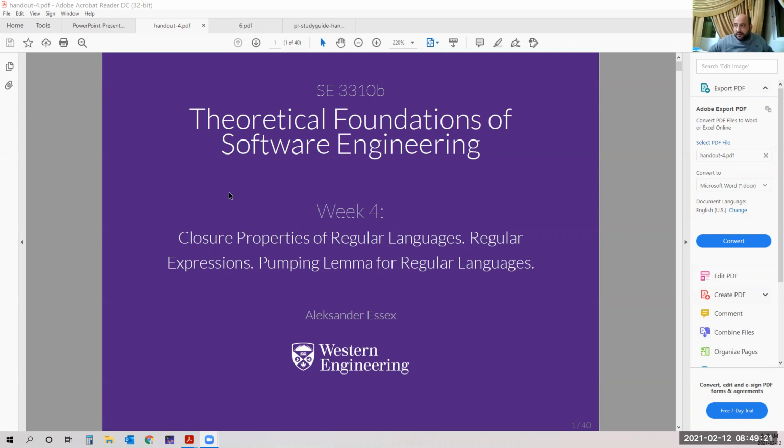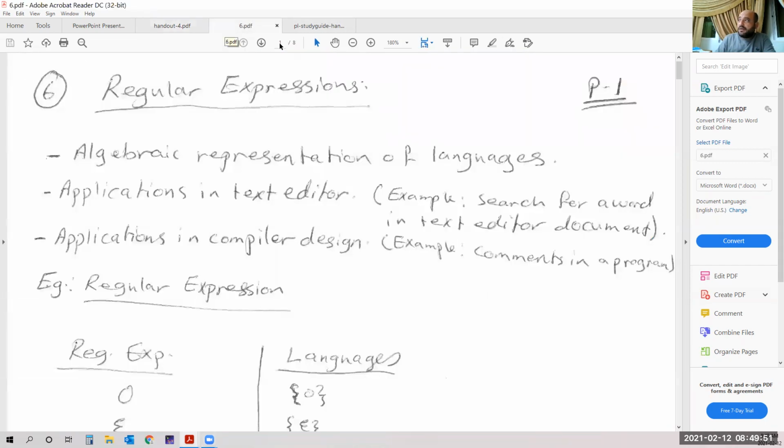Today we are covering the fourth handout, after we have a solid base in DFA and NFA and languages and the closure properties of the languages. We'll talk again today about the closure properties of the languages, regular expressions, and the pumping lemma for regular languages. Today's class involves class note number 6 that is uploaded to your OWL.